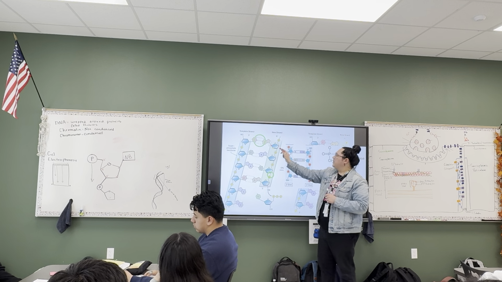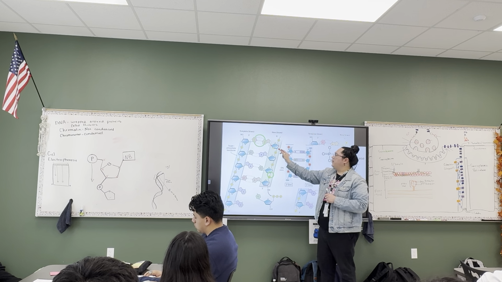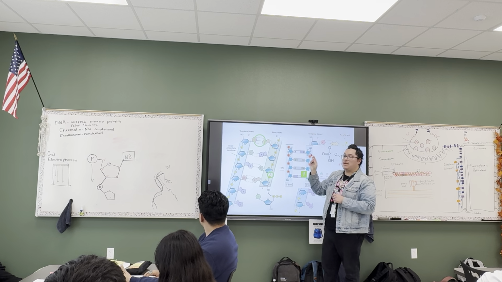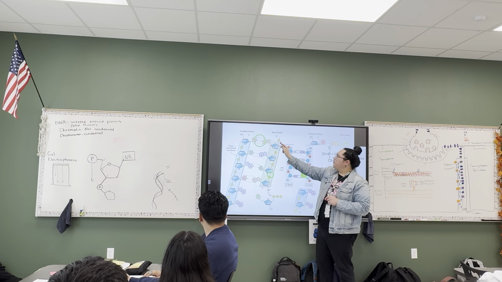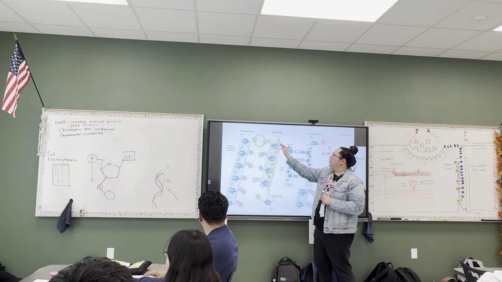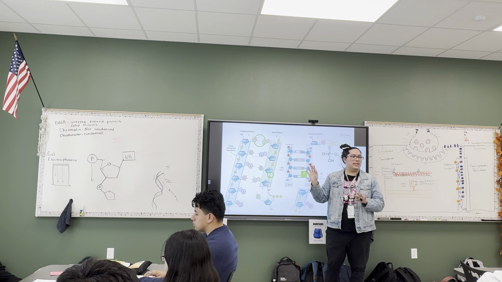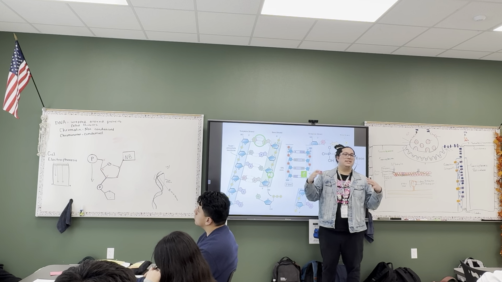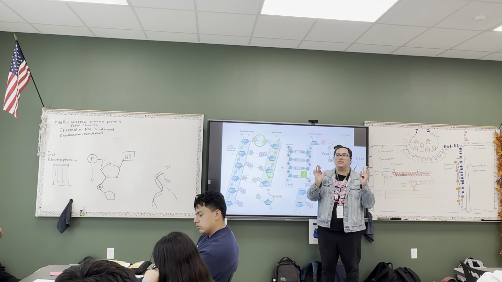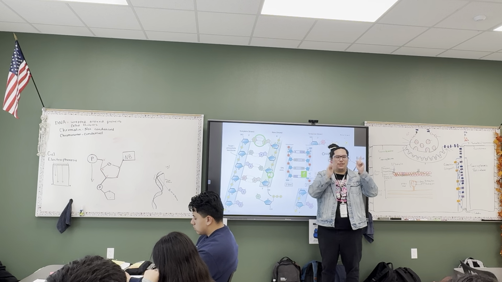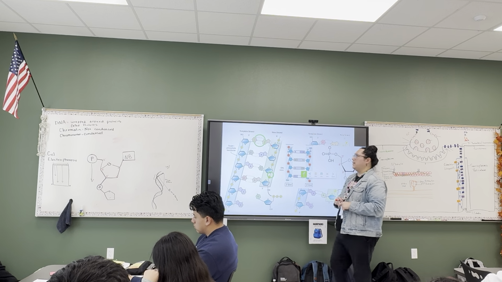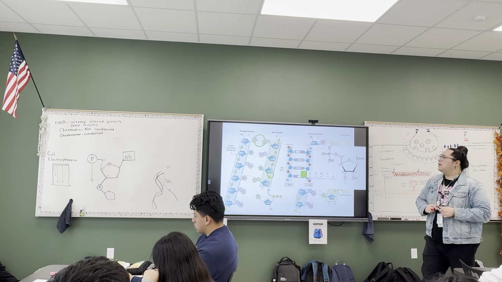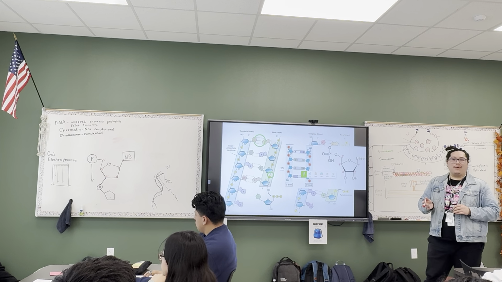What is this blue one? 3. And this one is number 4, and this green one is number 5. Again, this is why we need to learn to count, because it helps us identify what is attached. And it helps us orient or figure out what's north, or the directionality of this molecule, okay?